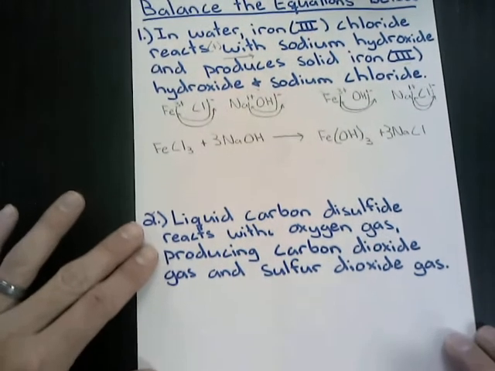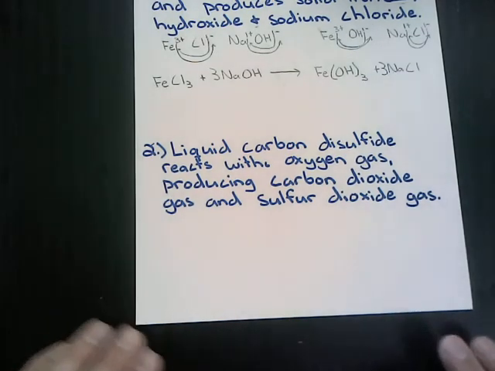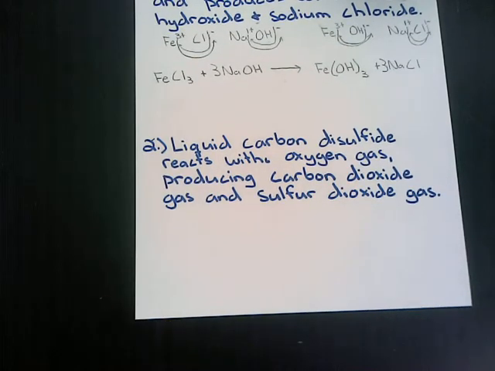So we move down here to our second example. Our second example says liquid carbon disulfide reacts with oxygen gas and it produces carbon dioxide gas and sulfur dioxide gas. So we're throwing covalent naming this time into this particular equation. So we start out with carbon disulfide.